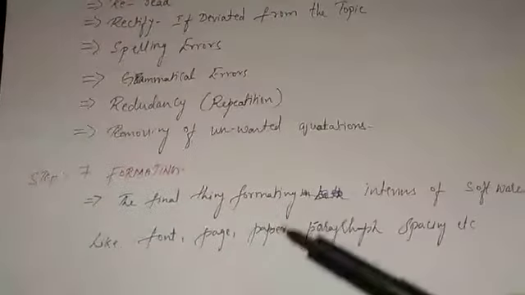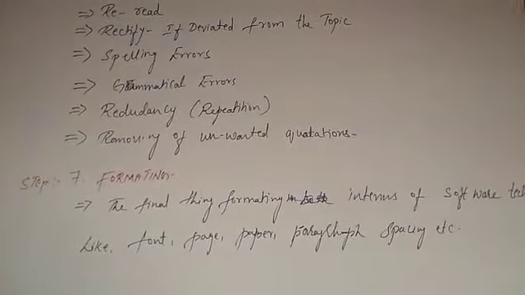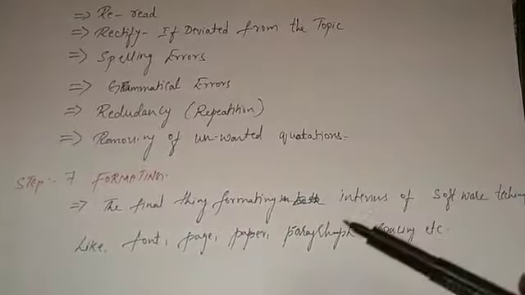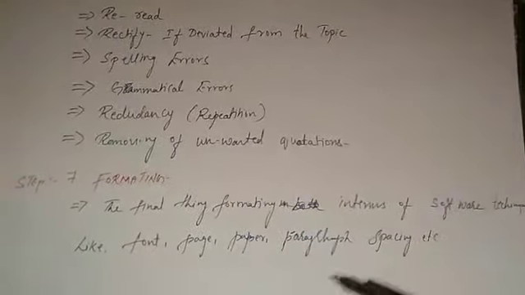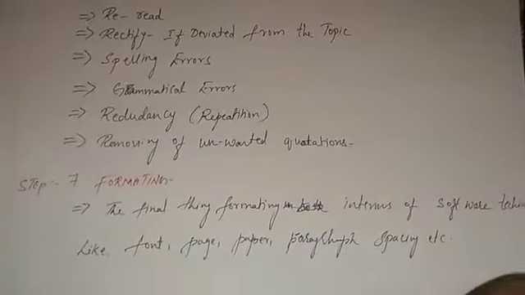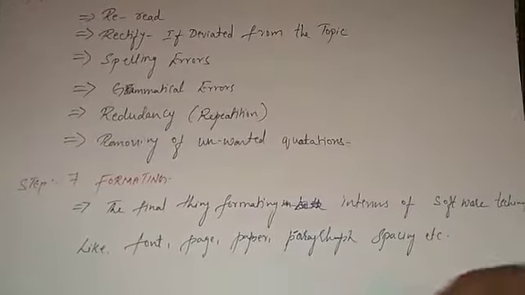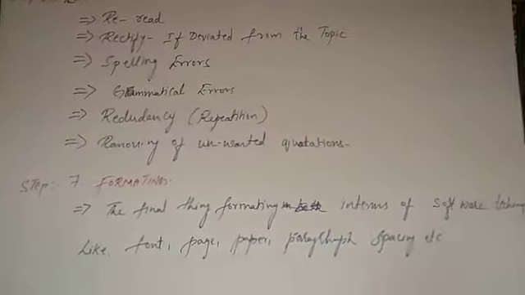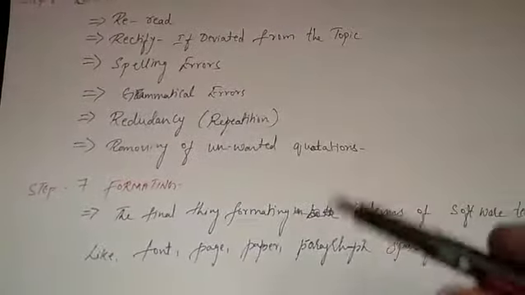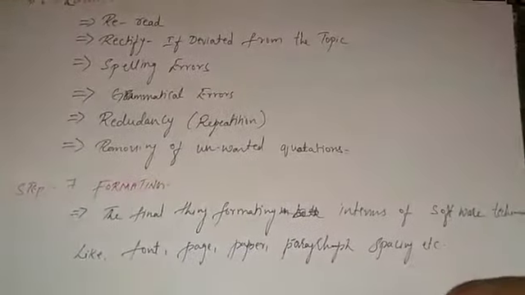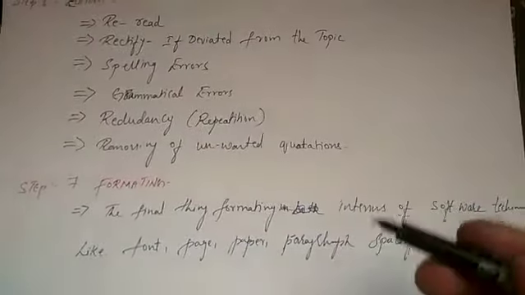Step number 7, formatting. The final thing, formatting in terms of software techniques, for example, font, page, paper, paragraph, space of paragraph, and many things. It is only formatting when it comes to the software techniques which we use for soft skills and all.